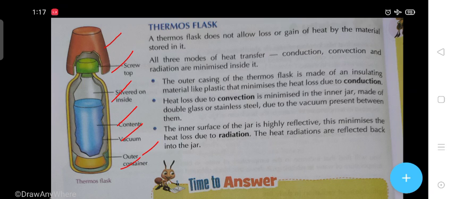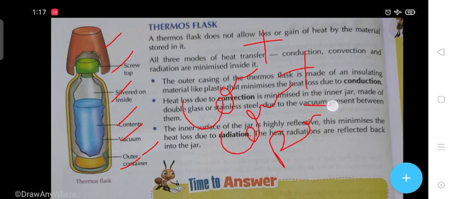Actually, students, let me tell you that it stops heat transfer. So in this thermos flask, conduction, convection and radiation, the processes by which heat can transfer, will not take place. How will that not take place?